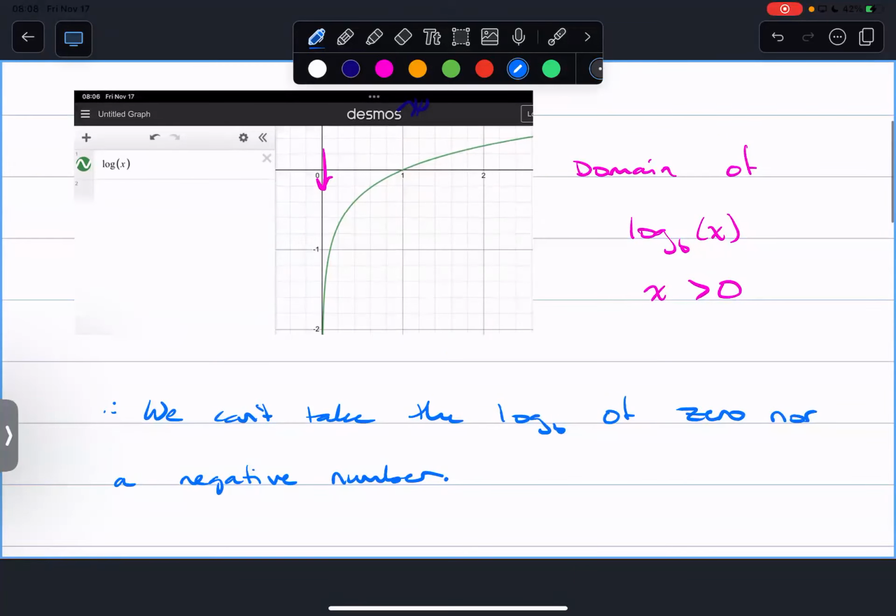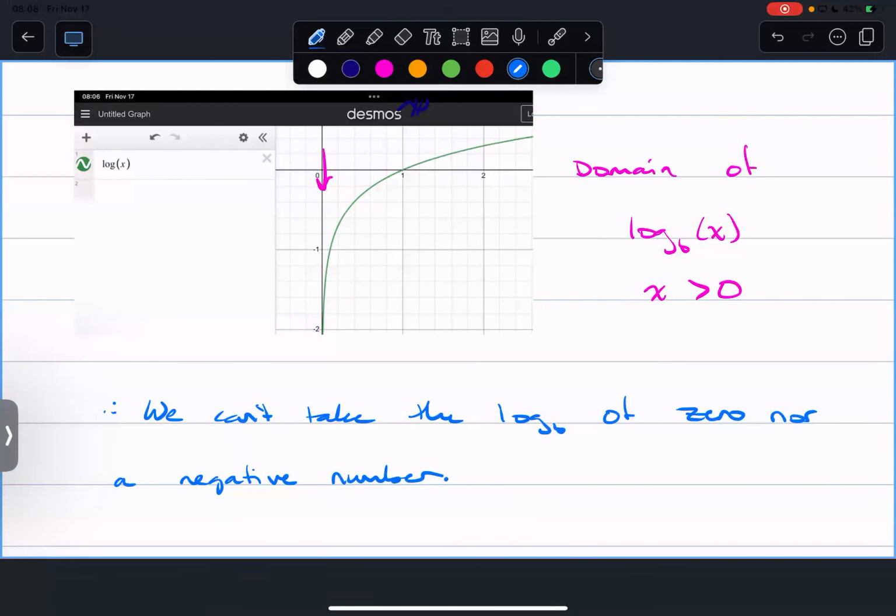The reason I mention that is because sometimes we're going to have to use the quadratic equation to solve for values of x that are inside the logs. So I've got an example, and what we need to check is that we're not taking the log of a negative number.